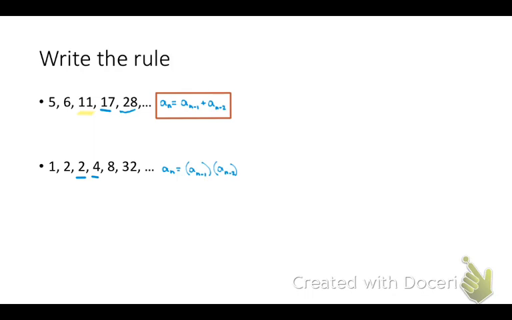That just means I need to take the one right before the term that I'm looking for, and then the term before that, and multiply those two together. Again, they won't have any sort of explicit rule in doing that, because there isn't one available, because it's all dependent on whatever our first value is. Okay?